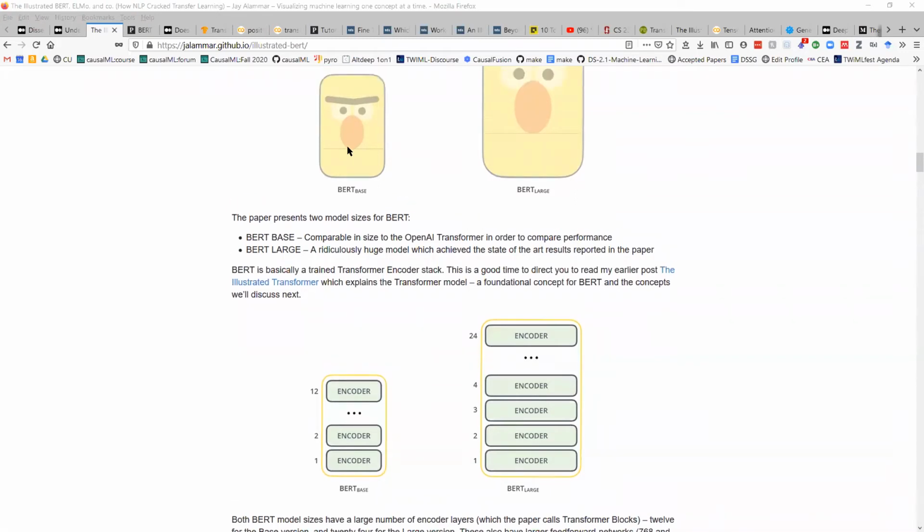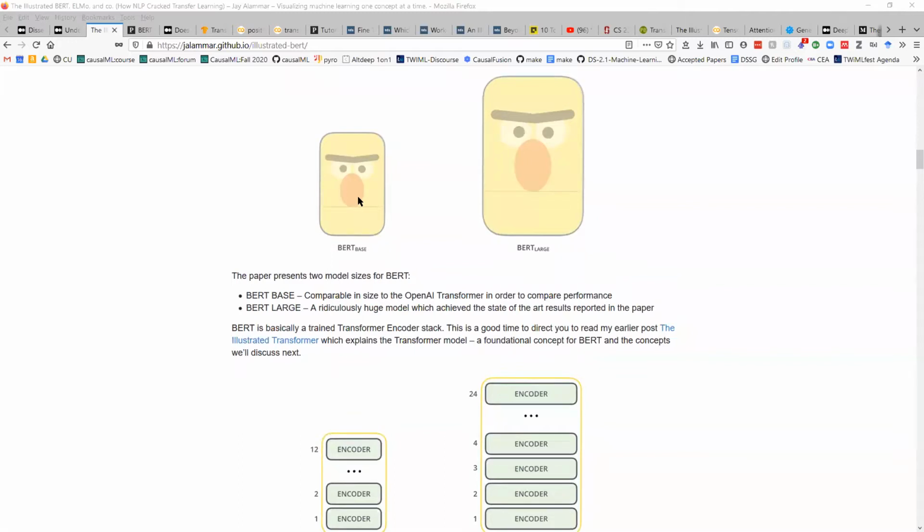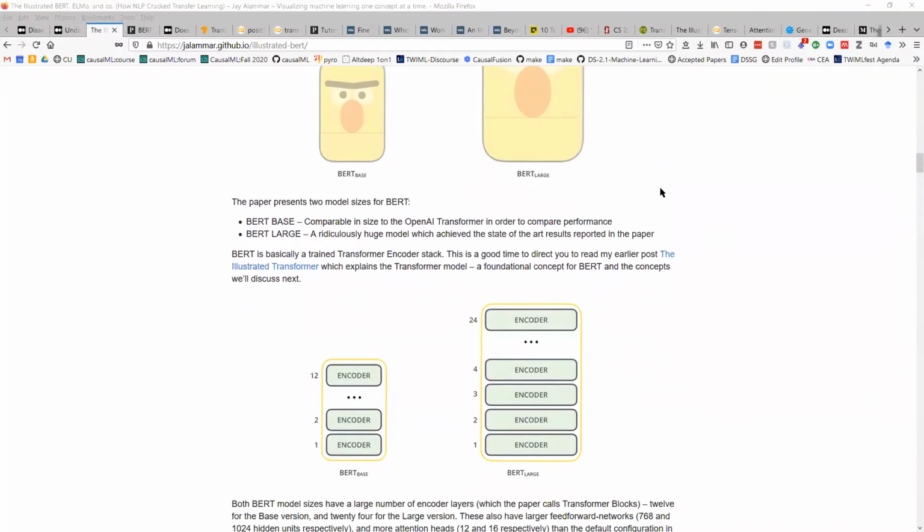So once it establishes that it's better than the best state-of-the-art model, then they take advantage of the fact that they can access all kinds of compute power. They build this huge model, and then they turned it loose on a bunch of tasks and just blew away all existing records.